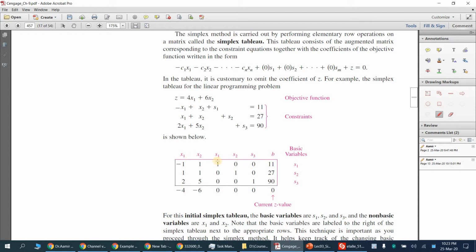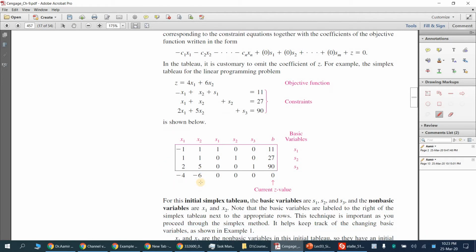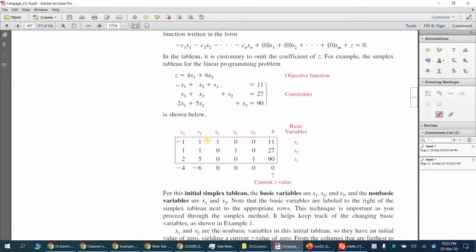You see over here S1, S2, S3, all three of them are 1 1 1. These three are our basic variables, and x1 and x2 are our non-basic variables. Okay. So when we start initially, remember z equal to 4x1 plus 6x2, that's our objective function. But you will convert it into an equation having the right side equal to a constant or a 0.